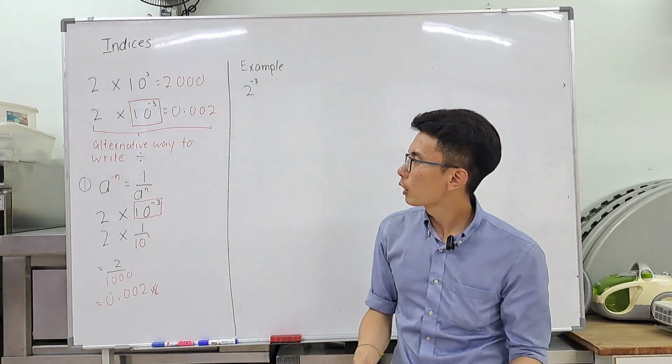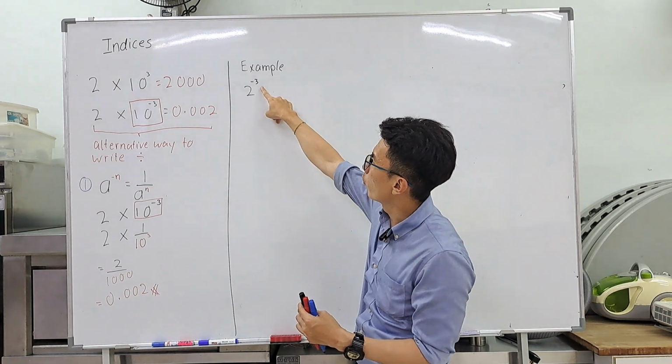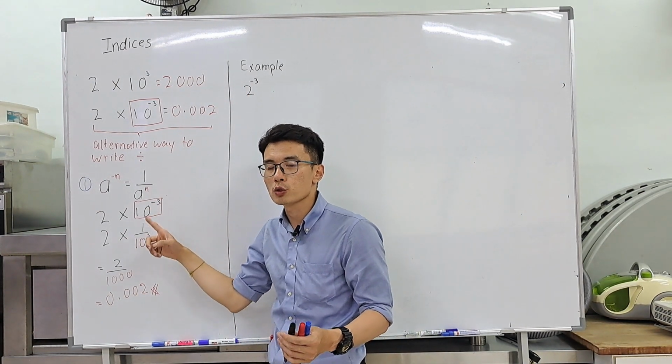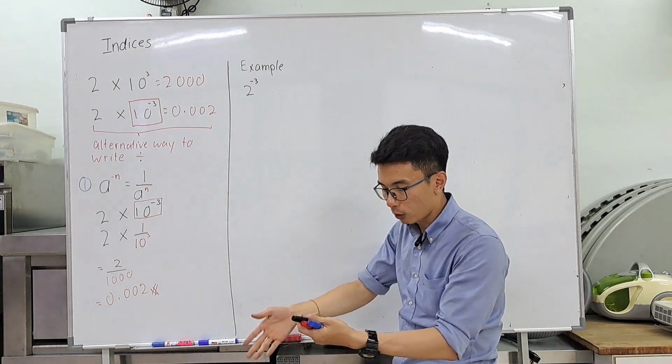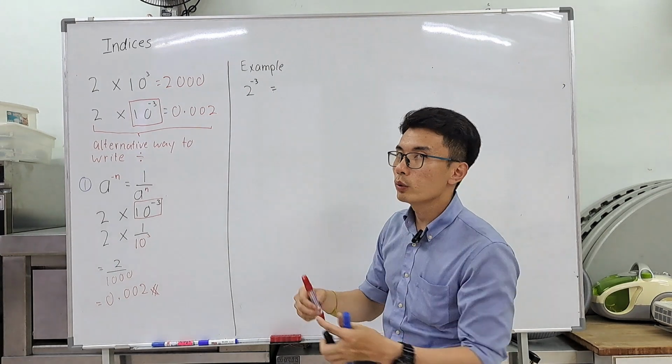So what can you do? Always when you see a number to the power of a negative power, always remember back the first rule. So we are just going to apply that. What's going to happen?